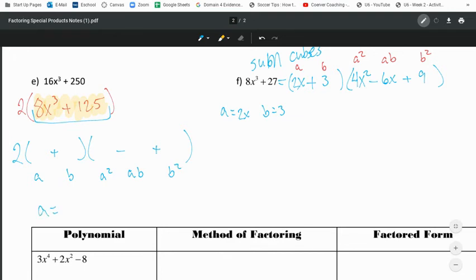So A is from this number, so that gives me 2x. B is from that number, that gives me 5. So I have 2x here, a 5 there, a 4x squared, a 10x, and a 25 there. That is my final answer.